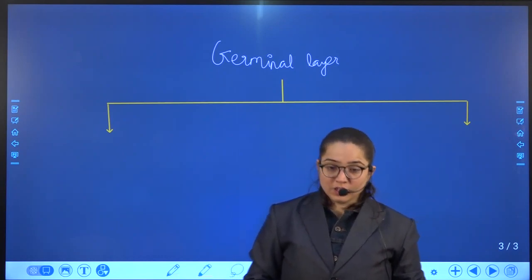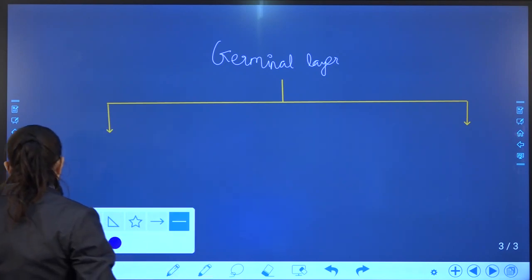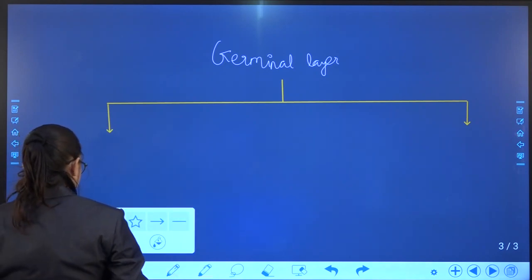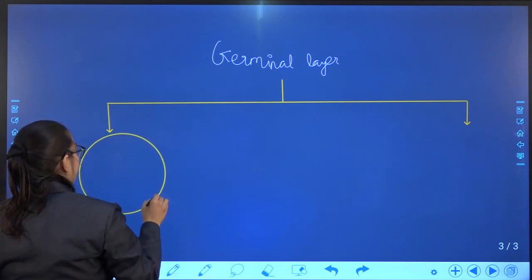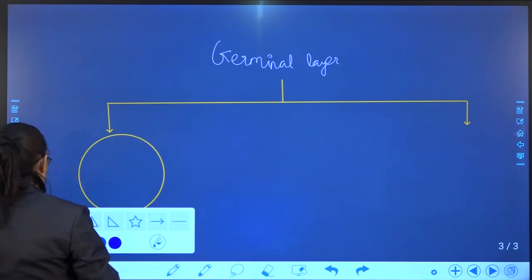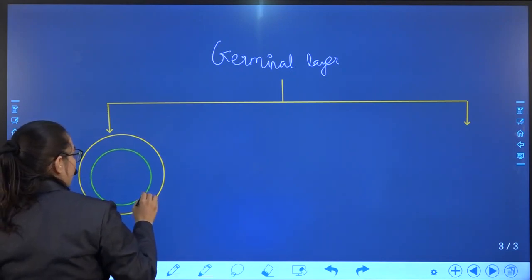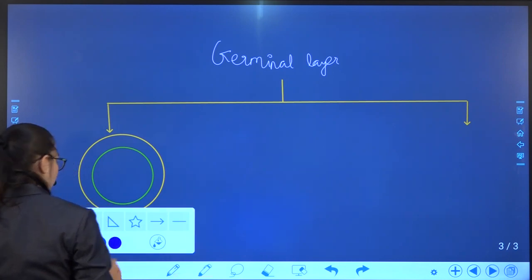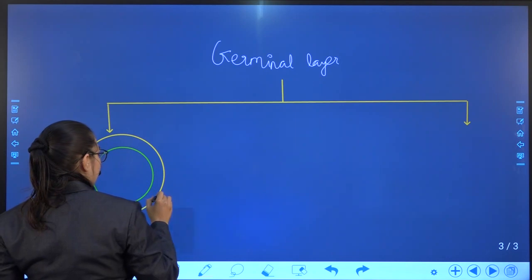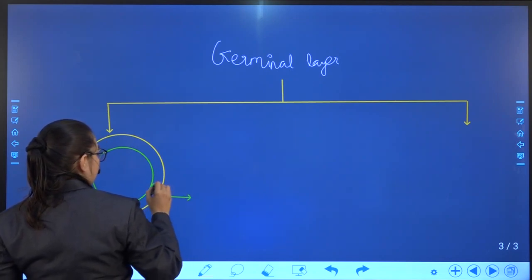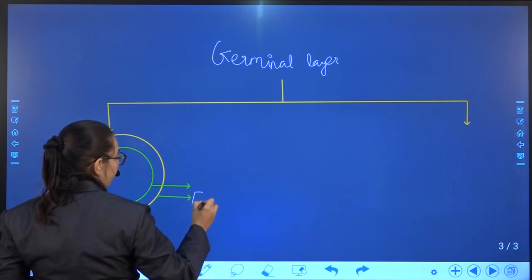Now, the germinal layer is divided into two parts, and the very first thing is it has two layers. Which are the two layers now?